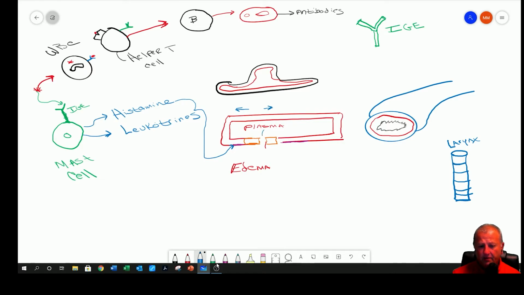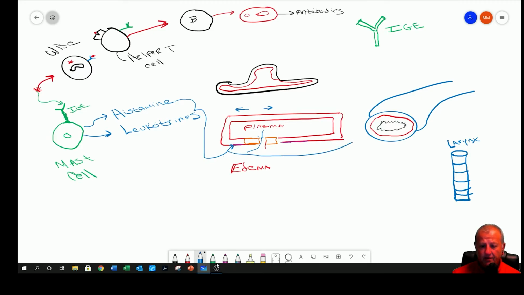So plasma now will leak out, causing edema. We know that it's overproducing, so we will have a lot of edema.